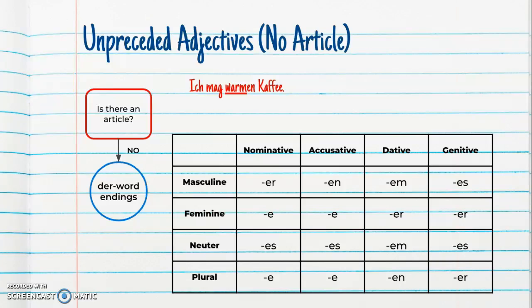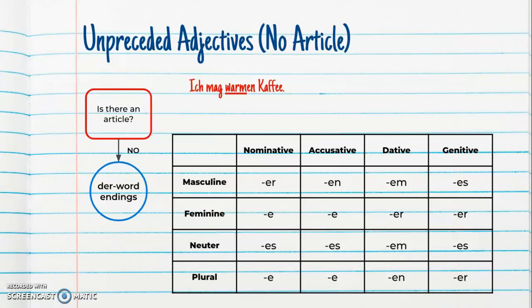So in the example that I provided, our adjective is unpreceded, meaning there's no article before it. We have our subject, ich, our verb, mag, and then our adjective with its ending, so warm with the ending n, and then our noun that it's modifying. There is no article before that adjective.